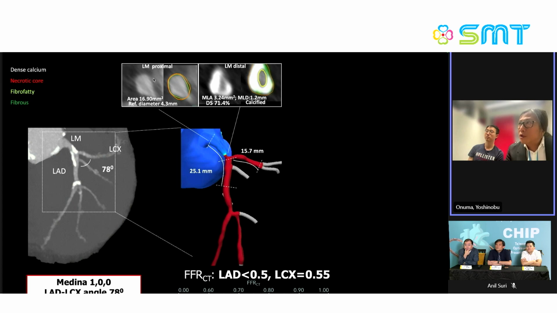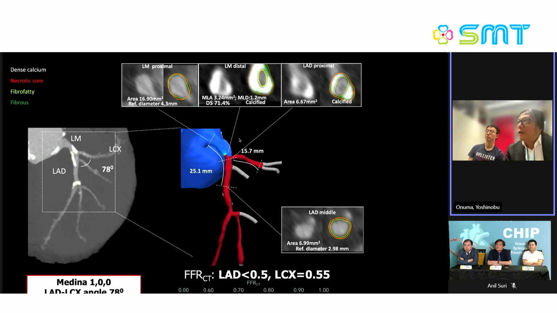If you look at the cross sections, proximally the diameter was 4.3 millimeter. Distal left main has calcified plaque of more than 270 degrees in distribution in cross sections. There is also the LAD lesion continuous from the left main, somewhat calcified. Area was 6.7, so maybe not too significant, but there was a continuation of plaque.